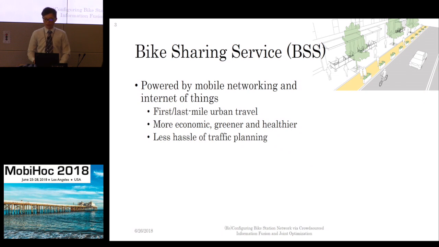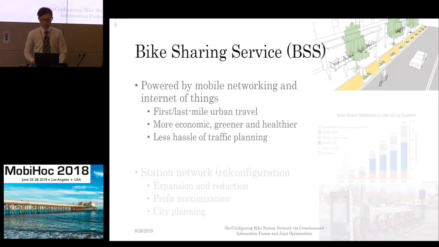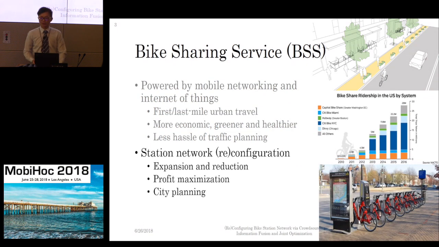The bike sharing service connects different regions of a city by the bike trips, which thus forms a bike sharing service network. With such a great success and positive feedback from society and the government, many bike sharing service providers are beginning to further adjust and enlarge their station network, which can be summarized as the station network reconfiguration.